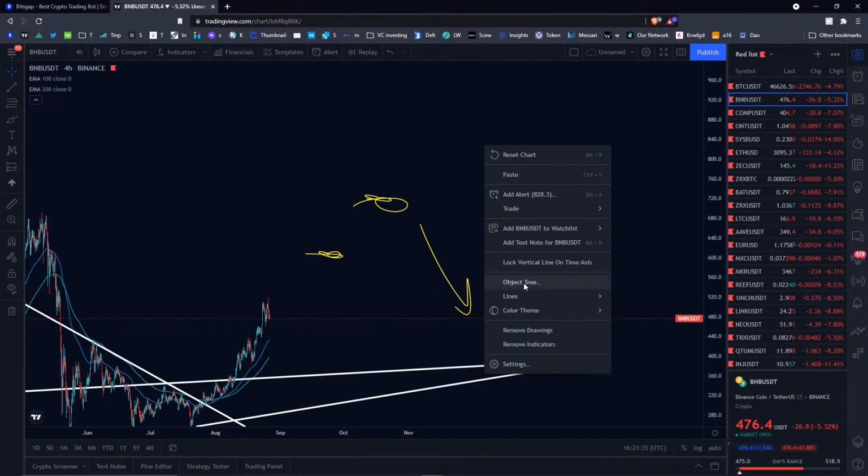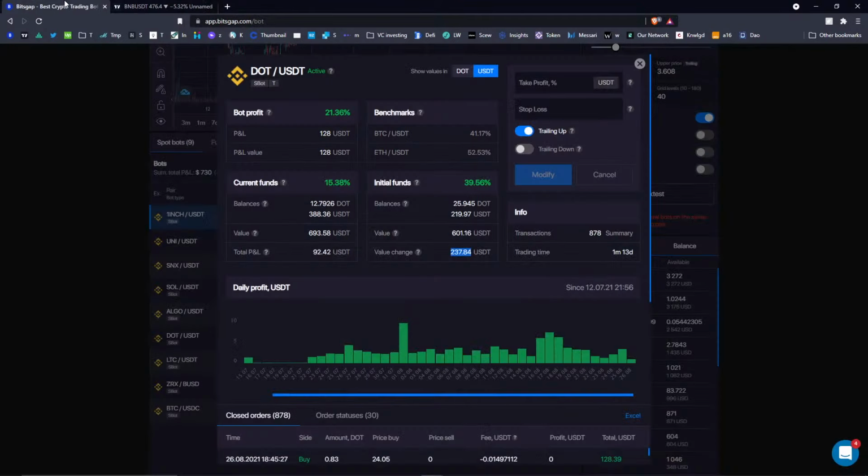You can just anticipate. And that's why automated bots, even though sometimes compared with the HODL strategy, they bring you less returns, but still they are very efficient in a way that these returns are realized. And that's the only thing we care about in trading, okay?